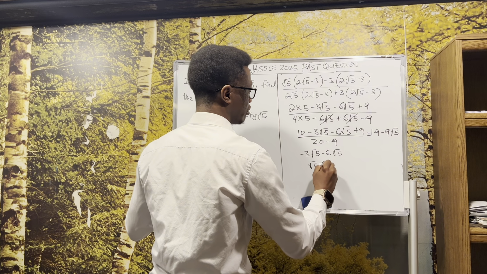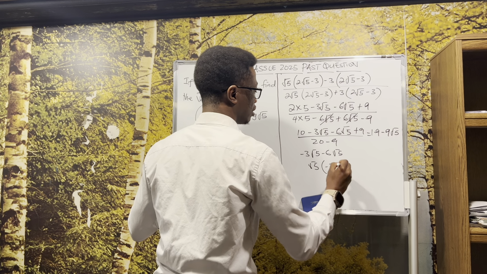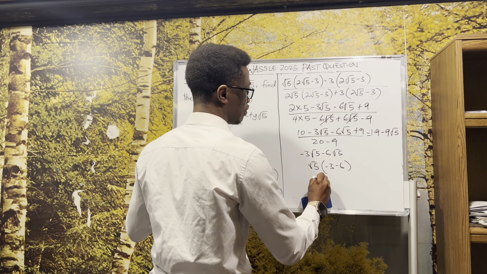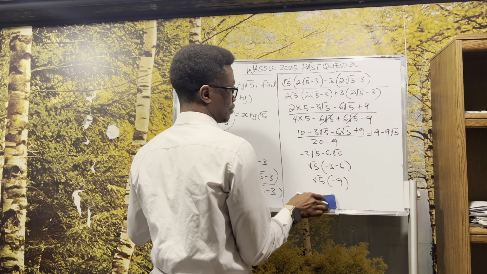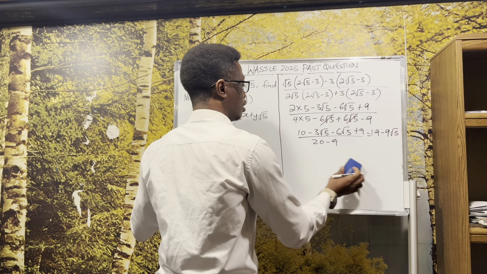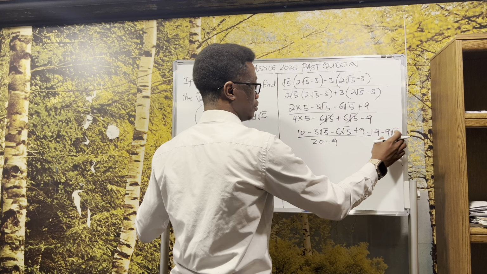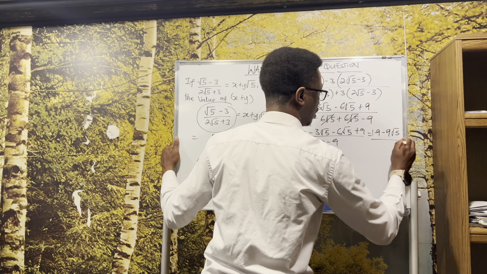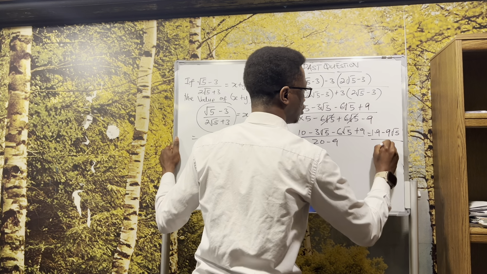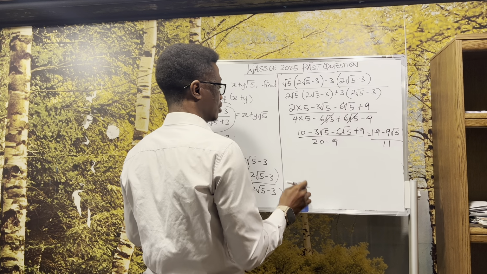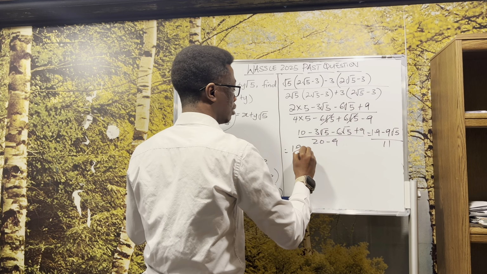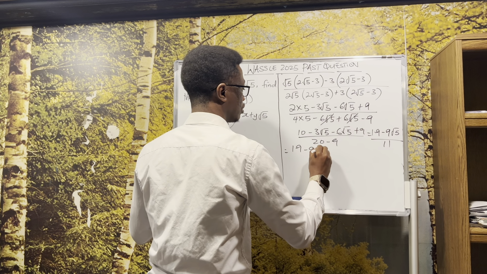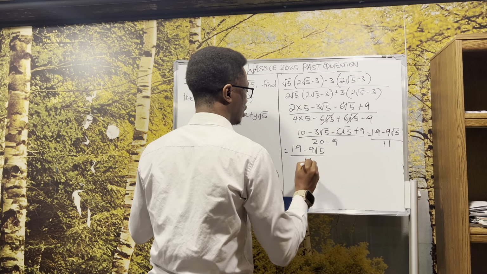If you open the bracket, it is minus 3 minus 6, so root 5 into minus 9. Everything divided by 20 minus 9, which is 11. So we've simplified everything to (19 minus 9 root 5) divided by 11.